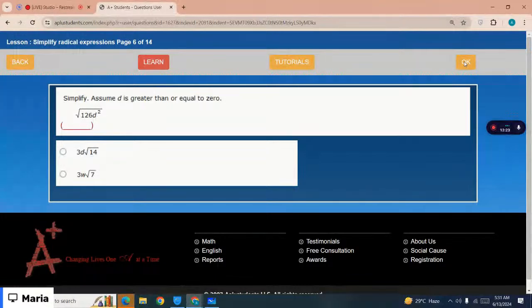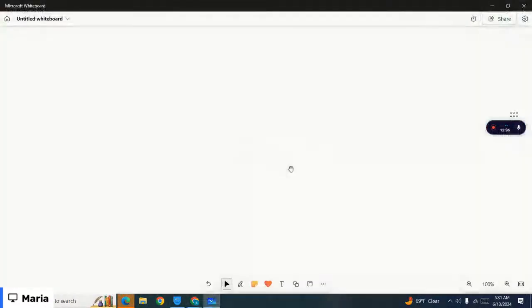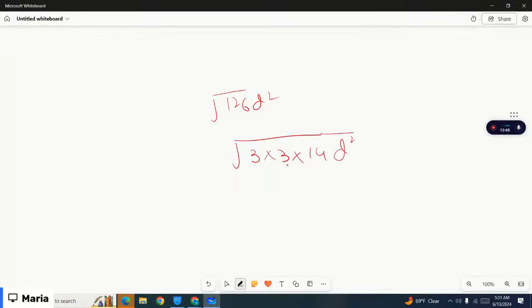Simplify 126d squared. Okay, 126d squared, let's just solve. So 3 times 3 is 9 and 9 times 14 is 126, right?